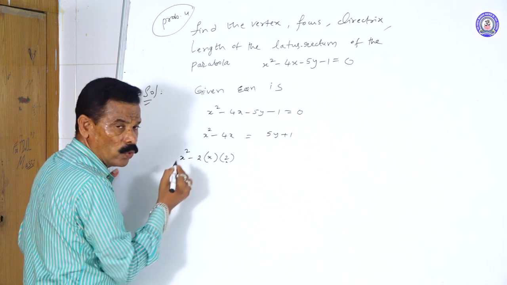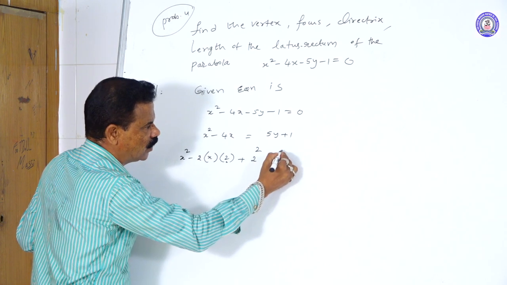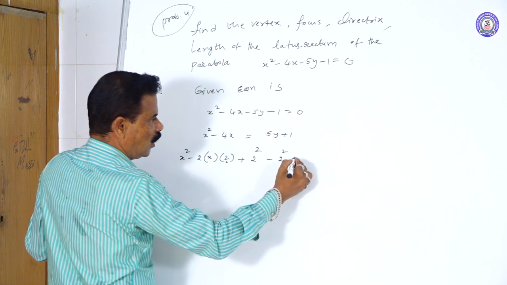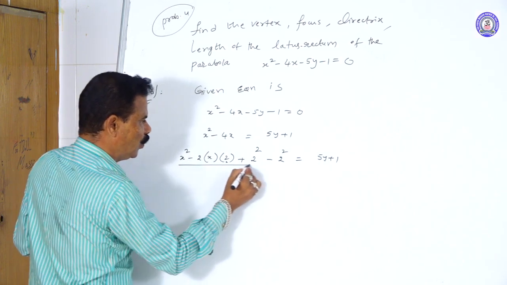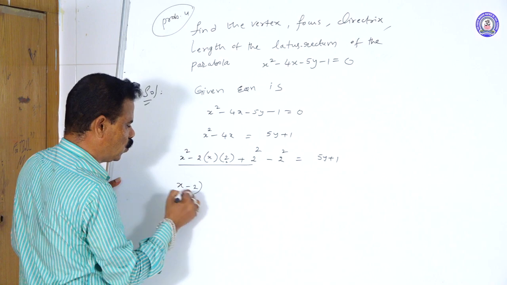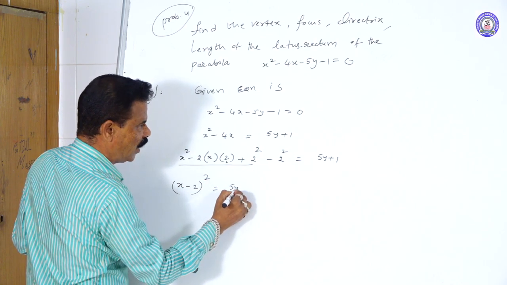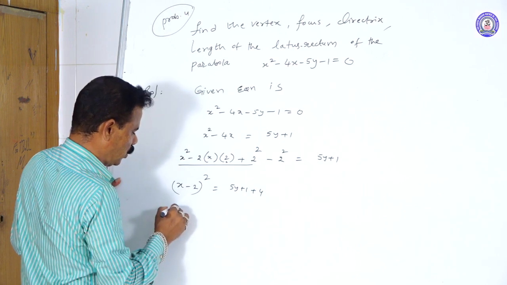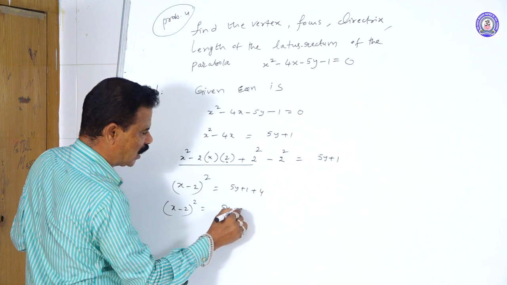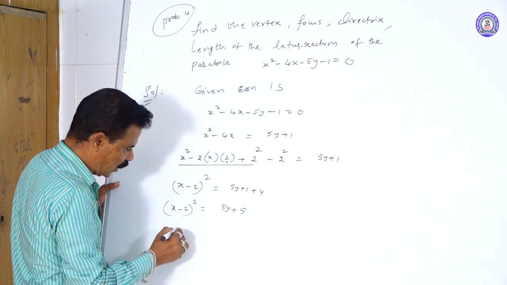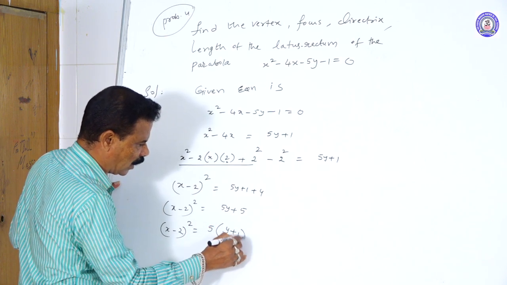So instead of b it is 2, so we add 2 square and subtract 2 square, and on the right side 5y plus 1 as it is. So up to here it is (x minus 2) whole square equals 5y plus 1 plus 4. Next, (x minus 2) whole square is equal to 5y plus 5. And next, (x minus 2) whole square is equal to 5 common, (y plus 1).